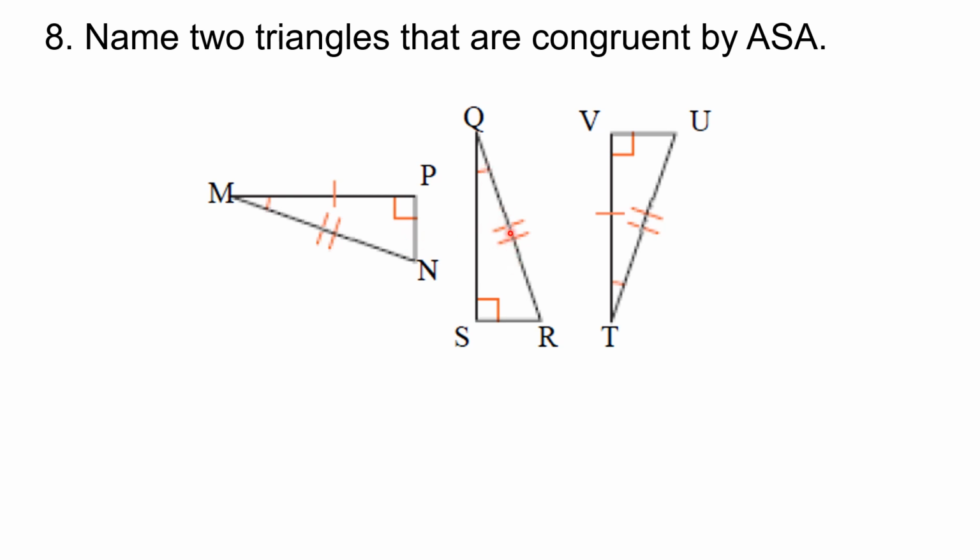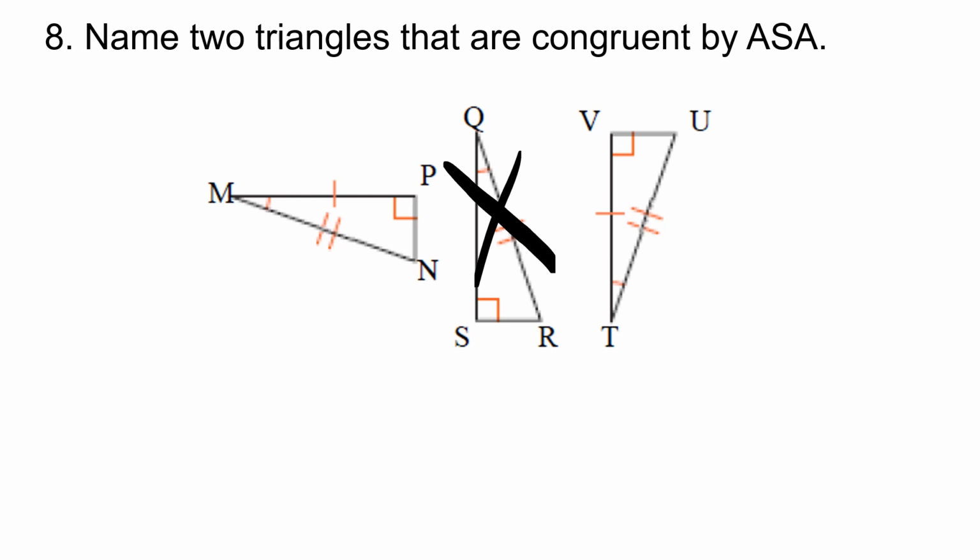But the middle one is a contender for, let's see, this would be angle, angle, side. So this is out of the running, right? Because we were supposed to have angle, side, angle, and this one we have angle, angle, side. So we'll eliminate that one.